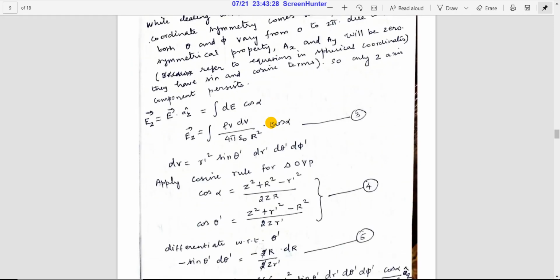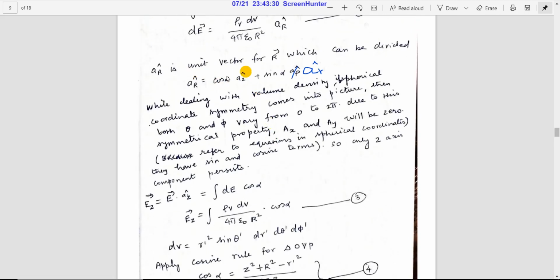So we can write the unit vector as AR cap is equal to cos alpha AZ cap, since cos alpha is coming on the z-axis component and sin alpha is coming as the r-axis component. So the unit vector can be composed by these two unit vectors of spherical coordinate systems.